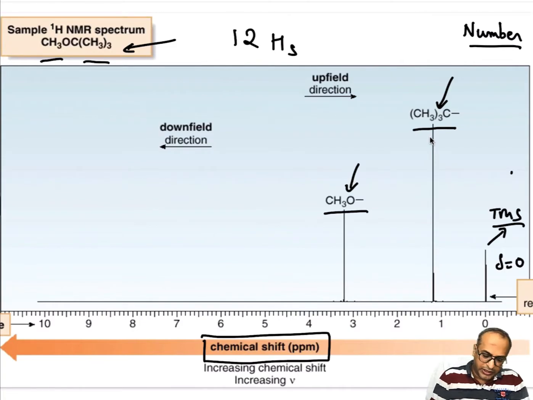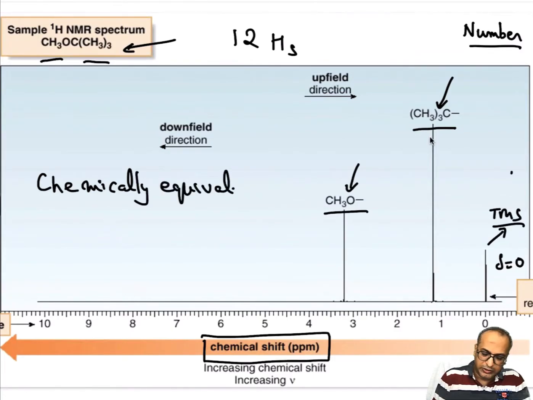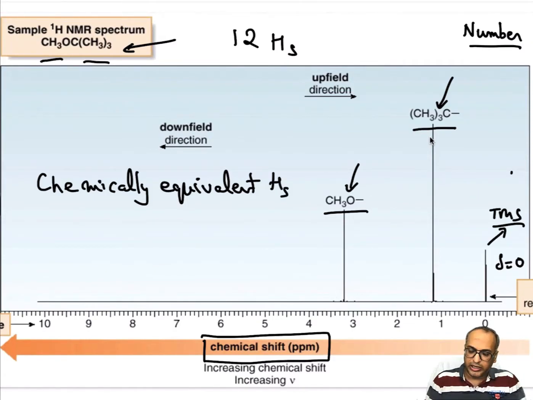So let me write down: chemically equivalent hydrogens. That means the methoxy protons or hydrogens are chemically equivalent among each other, and the tertiary butyl protons are chemically equivalent.